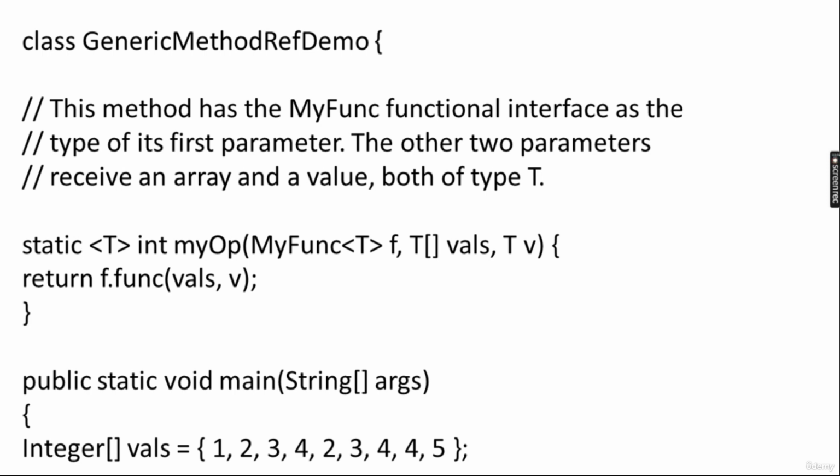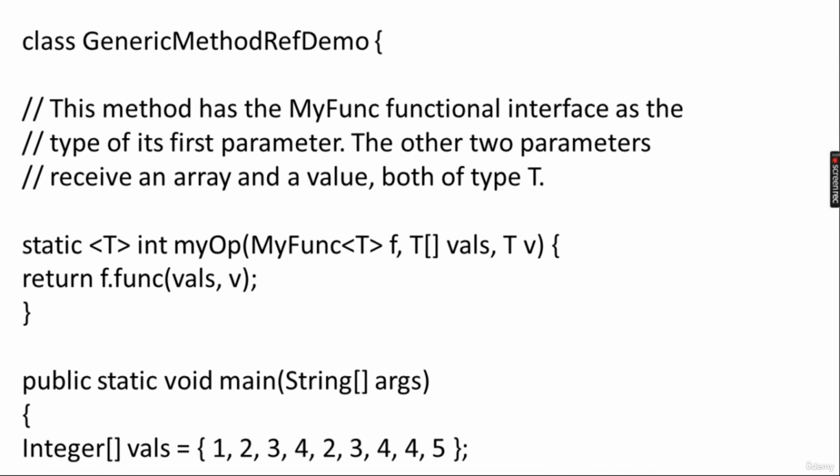The other two parameters receive an array and a value, both of type T. So myOp is a generic method, and its first parameter will be the reference variable of the MyFunc functional interface. The second two parameters are the array and the value, both of type T.